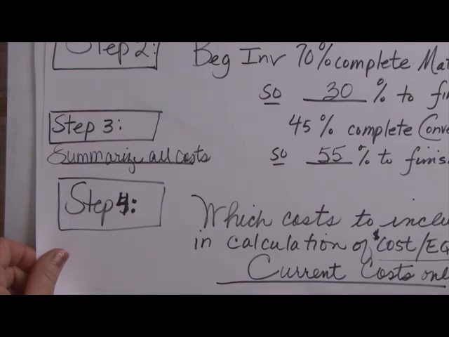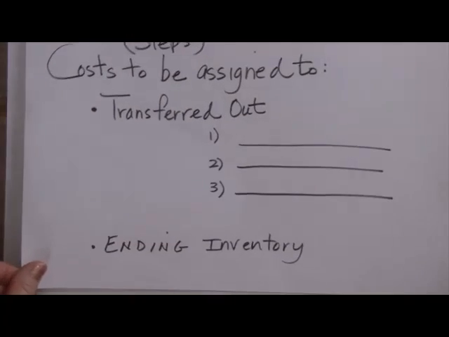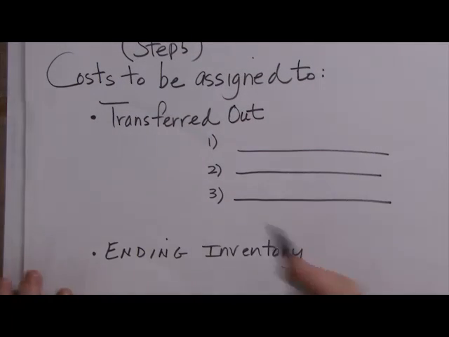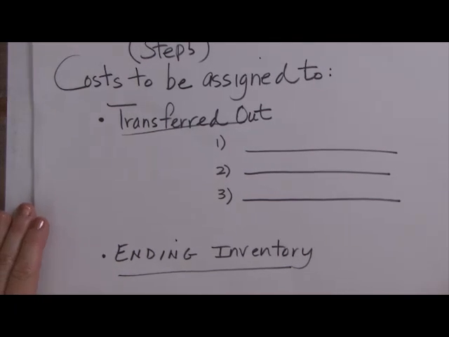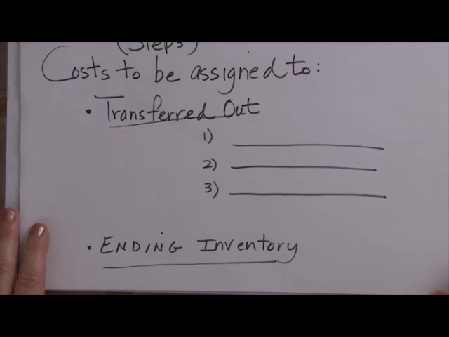Finally, step 5 is where we assign the cost. And just like always, we're going to assign the cost to the units transferred out and those that were not transferred out. But now we have to look at 3 categories when we go to this assignment to units transferred out.